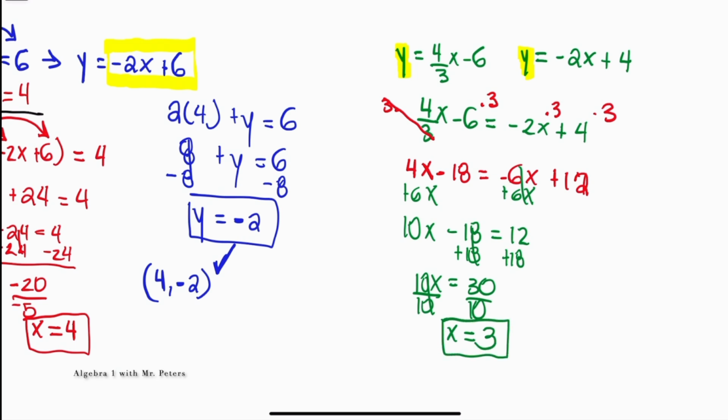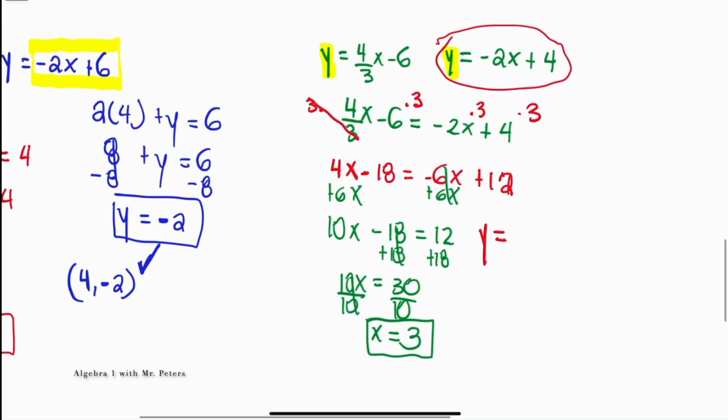Now don't forget, because this is a common mistake, don't forget to go back and get the other variable, the y. So now we go back and we're going to use the equation that does not have a fraction. Y is equal to negative 2 times 3 plus 4.